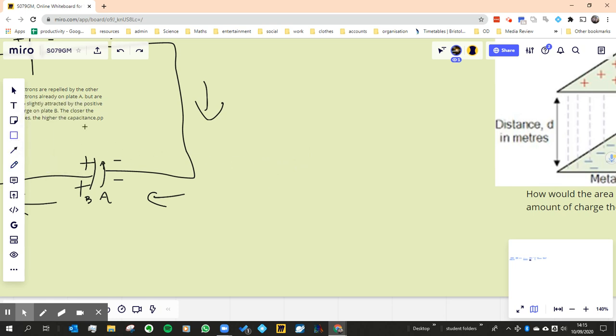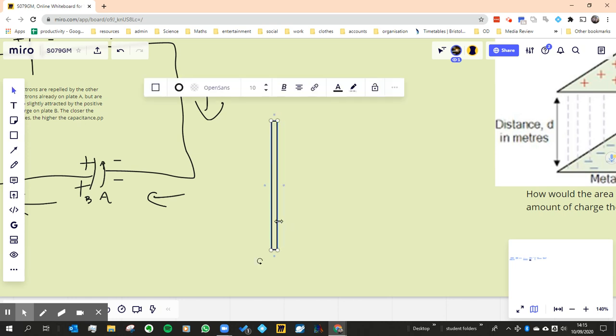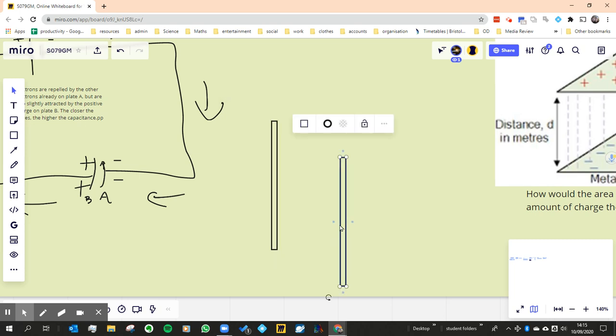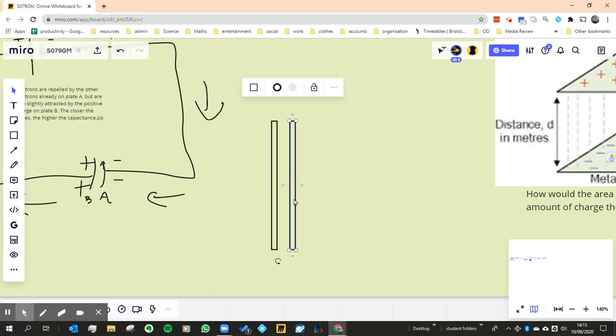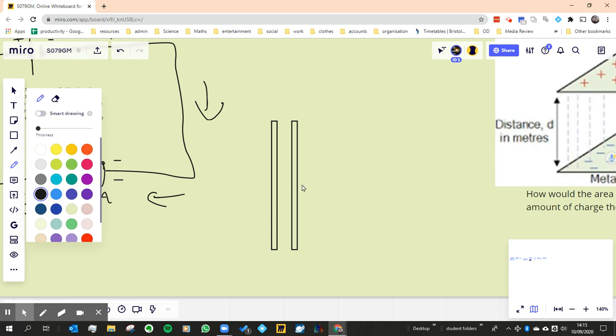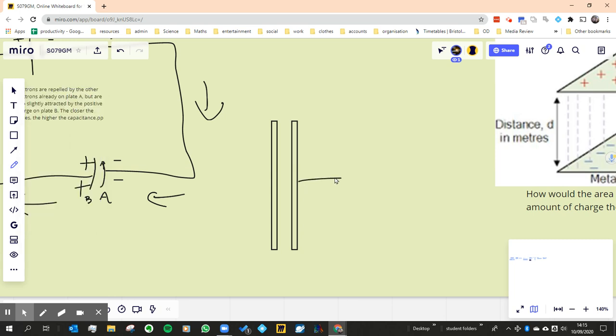I'm only talking about the distance between the plates. It's an inverse relationship. I'm saying the smaller the gap, the larger the capacitance. This is positive. This is negative.